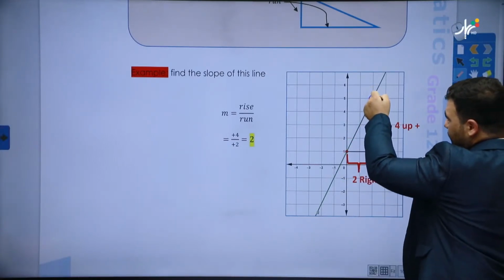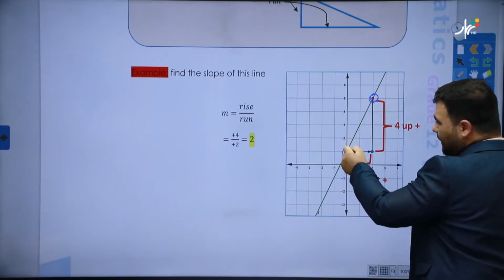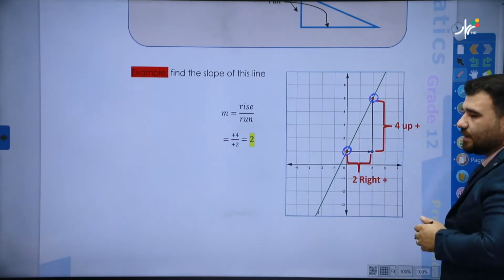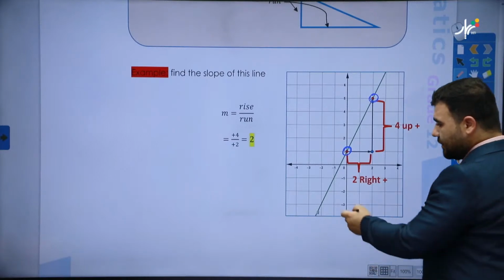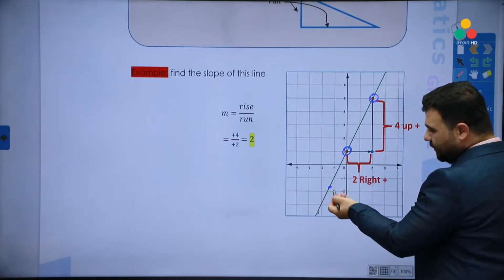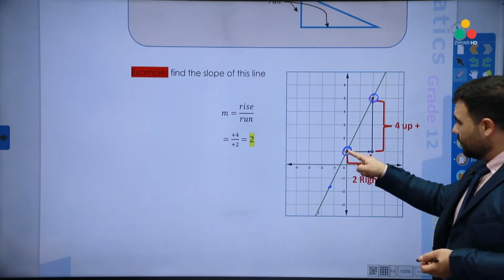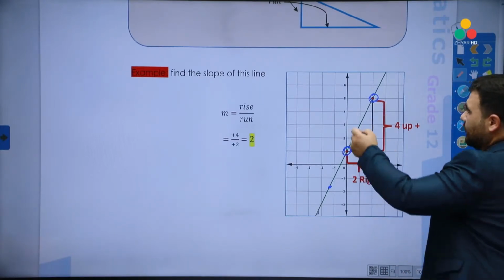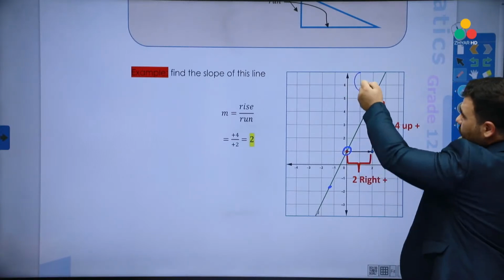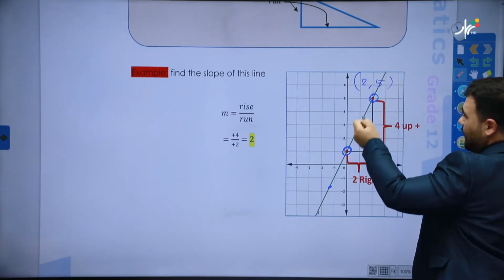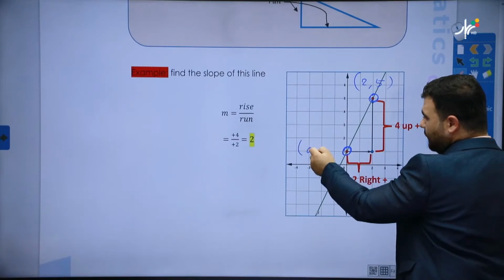Mark 2 points on the graph with easy coordinates, coordinates that you can tell. If I choose this point, I don't know exactly the coordinates of this point. So we should choose good points that we can tell the coordinates of. The coordinate of this point is 2, 5. The coordinate of this point is 0, 1.